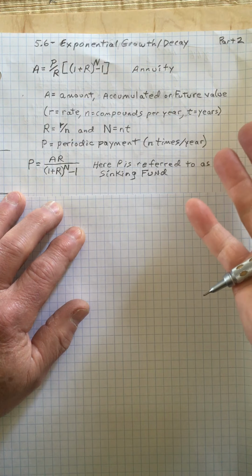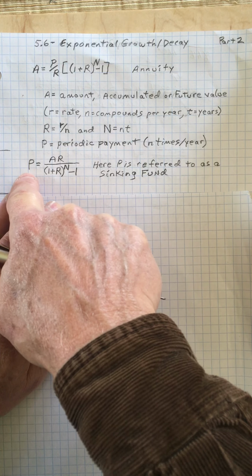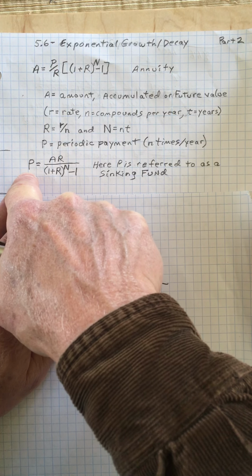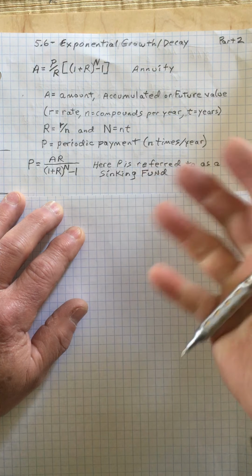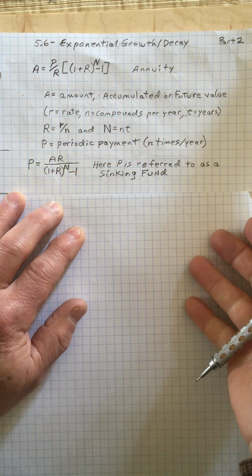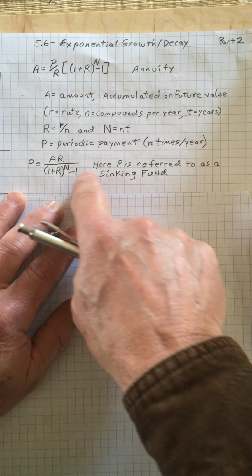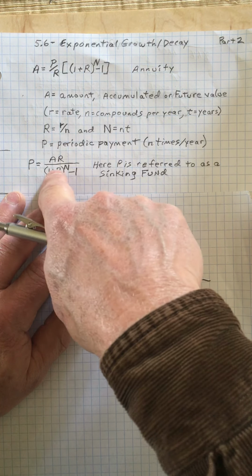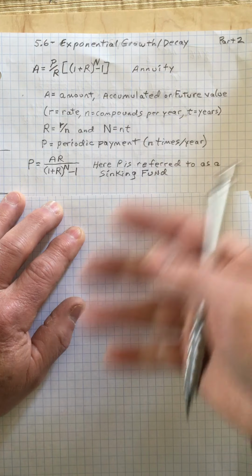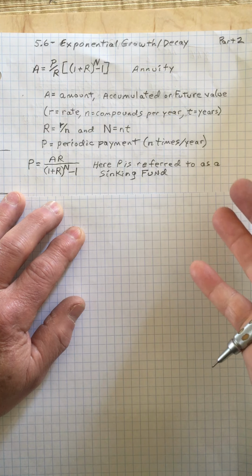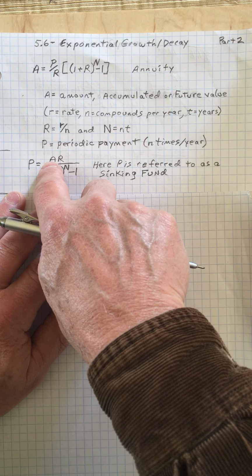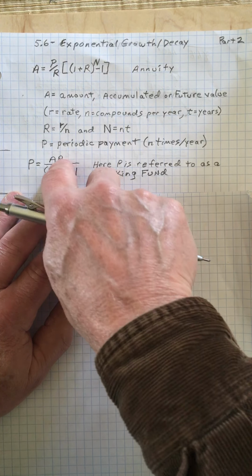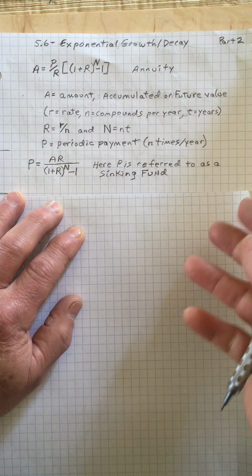It's just solved for P. It's still the payment that you're going to need to make, but when it's in this format, it's often referred to as a sinking fund, and pretty much just means here would be how much do I got to sink into this account or put into this account to grow to this much money at these rates and compounds, basically.